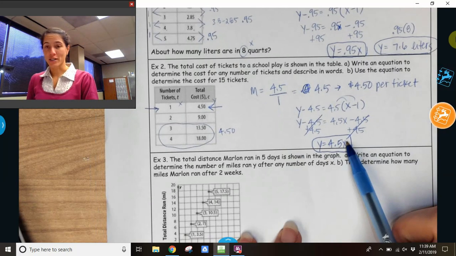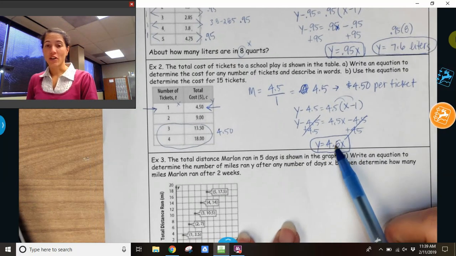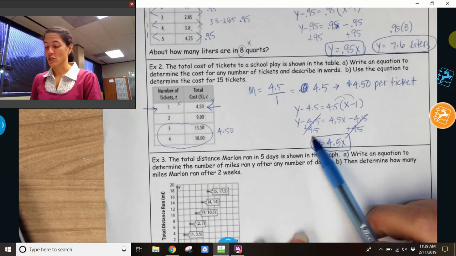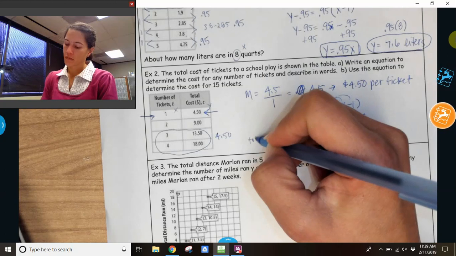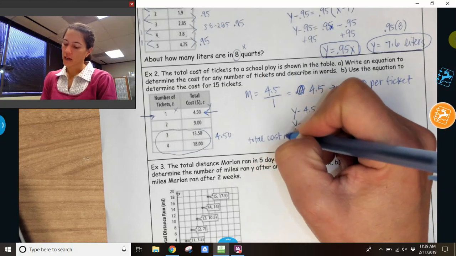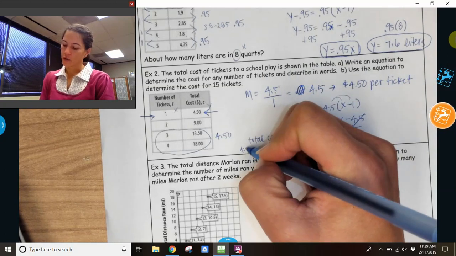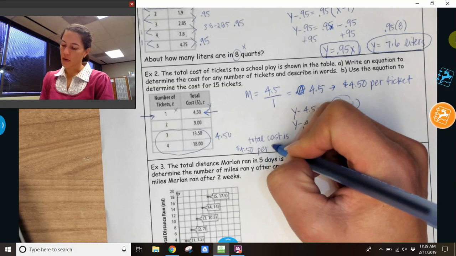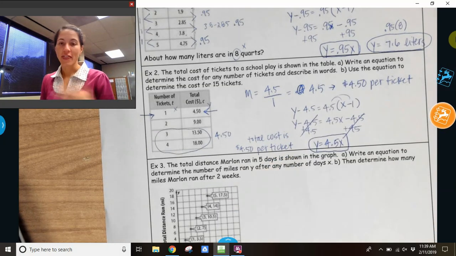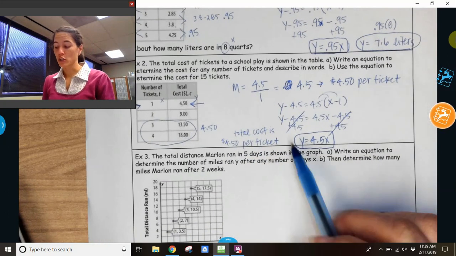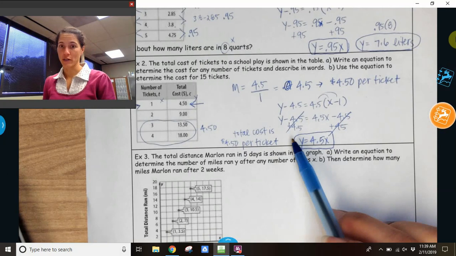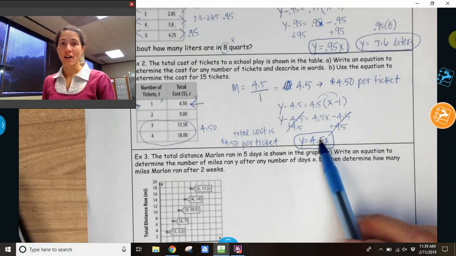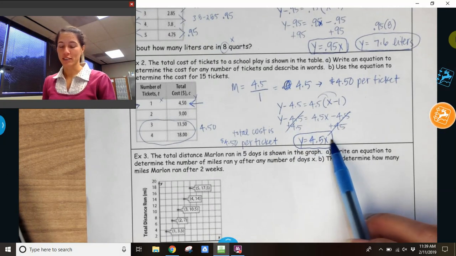So the way you would describe it is you would say it's $4.50 per ticket to the total cost. Total cost is $4.50 per ticket. That's how you would describe the equation. We would include total cost because that's my y variable. The total cost is $4.50 per ticket.